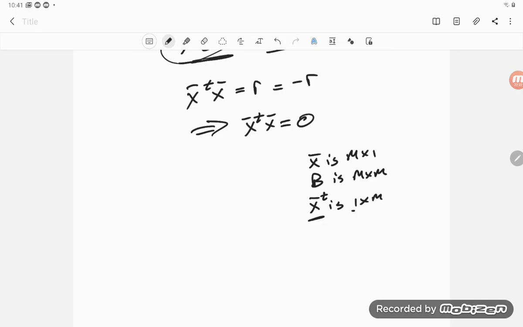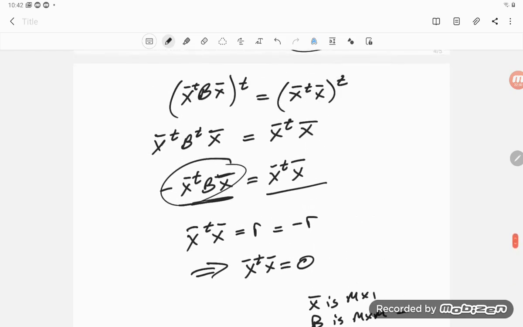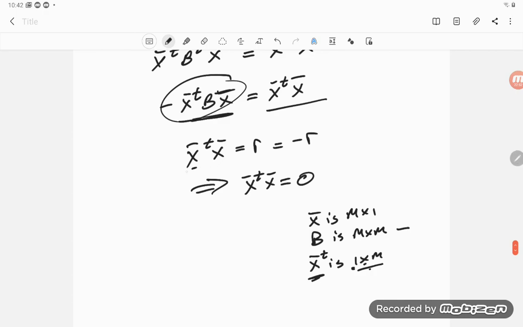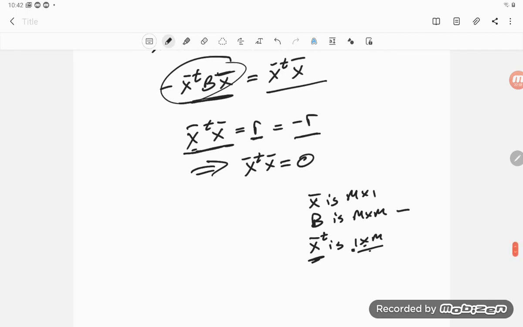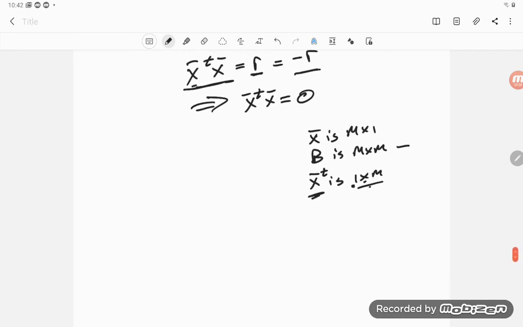That's a 1 by 1. That's a scalar, a real number. When I take X transpose B, I have 1 by M times M by M, which makes a 1 by M. And then when I take that answer and multiply it by X, I get 1 by 1 again. So these are all real numbers. And so I'm saying I have a real number that's equal to something, but also the negative of that something. That implies it had to be 0. So this product had to be 0.